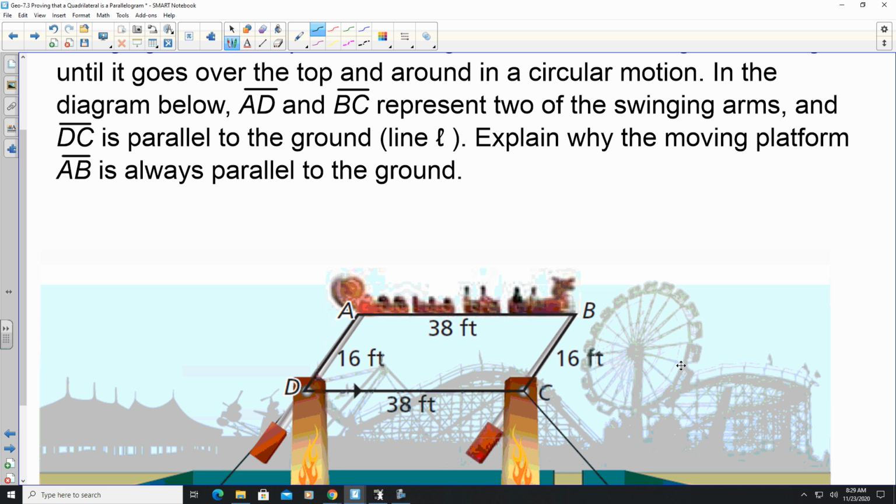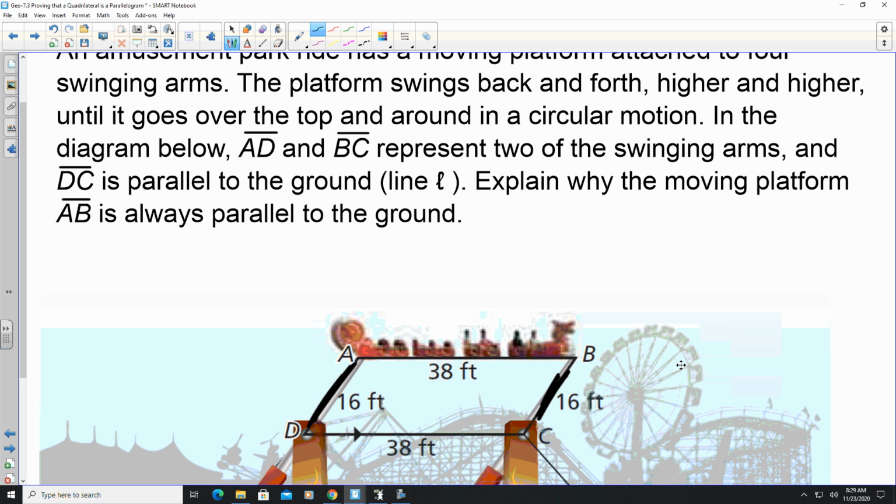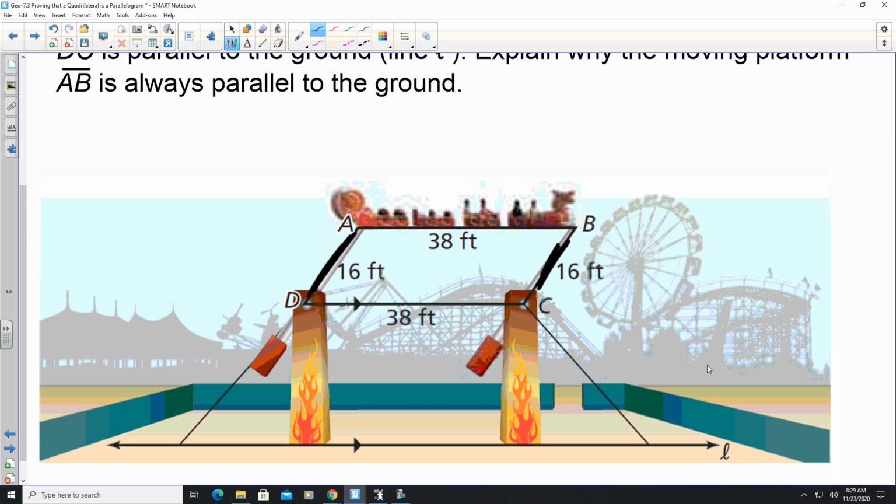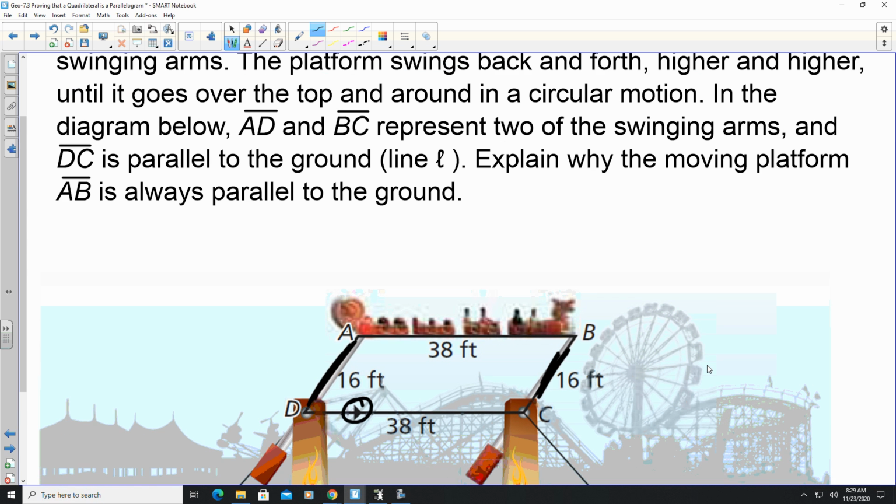So AD is right here, BC is right here. And DC is parallel to the ground L. So DC is parallel, they showed us with the parallel signs here. Great. They want us to explain why the moving platform AB is always parallel to the ground.